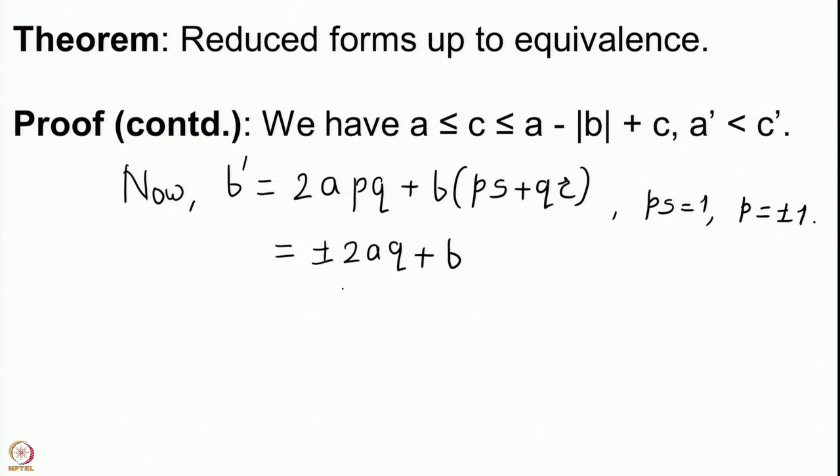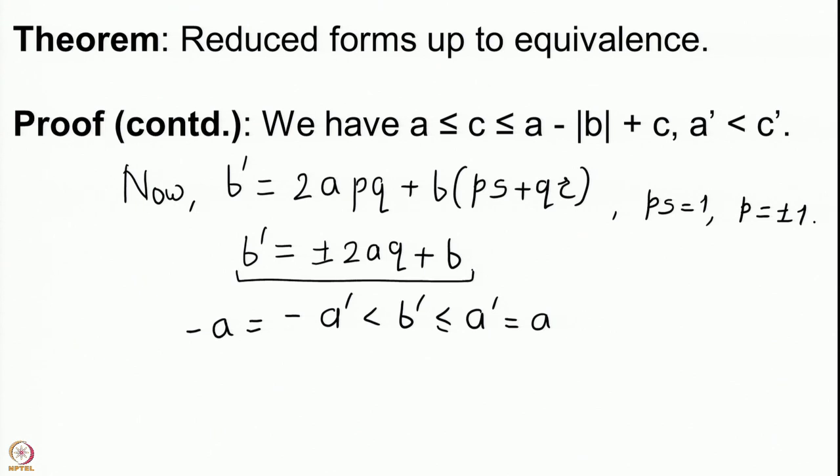Since f prime is a reduced form, we have that minus a prime is less than b prime is less than or equal to a prime, but we also have that a prime is a. So, the values for b prime are between minus a and a, and b prime also has this equality that b prime is b plus minus 2aq.